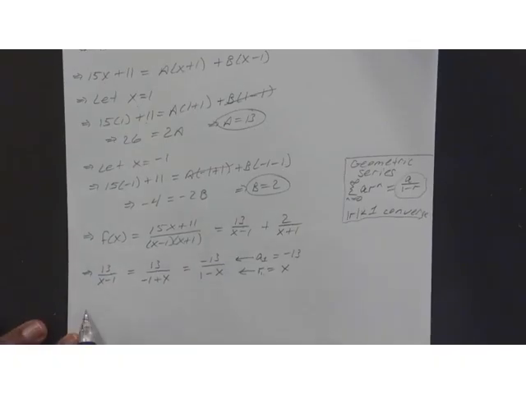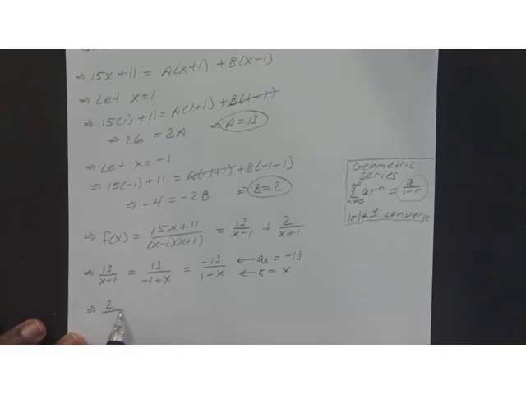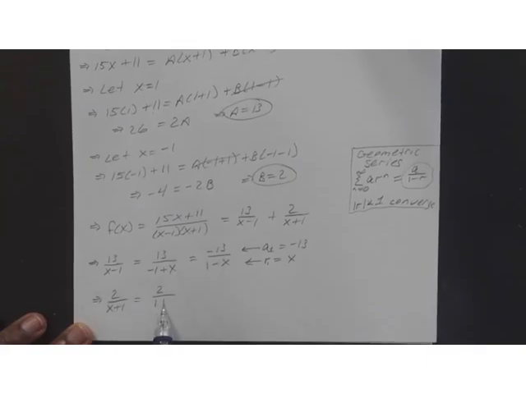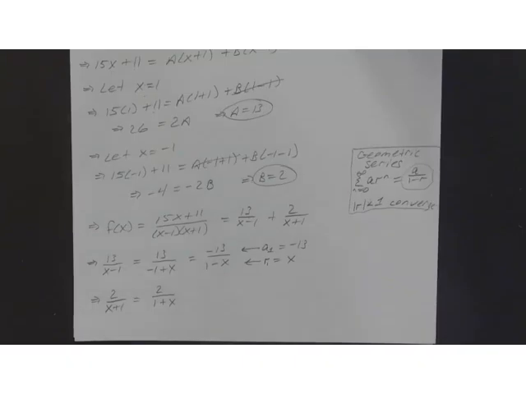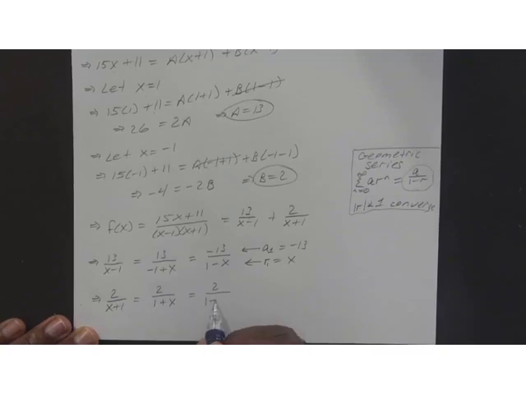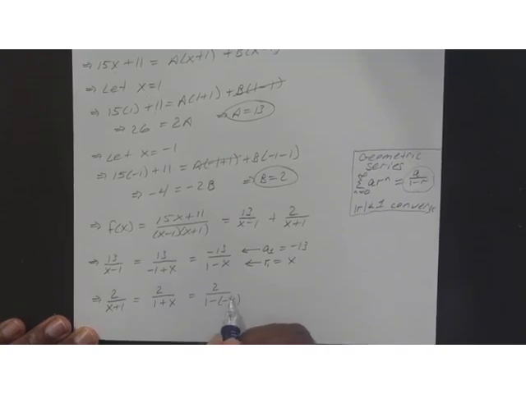And we take our 2 divided by x plus 1, and we can rewrite that as 2 divided by 1 plus x. Well, we have to have it in geometric form, so we're going to rewrite that again as 2 divided by 1 minus negative x.